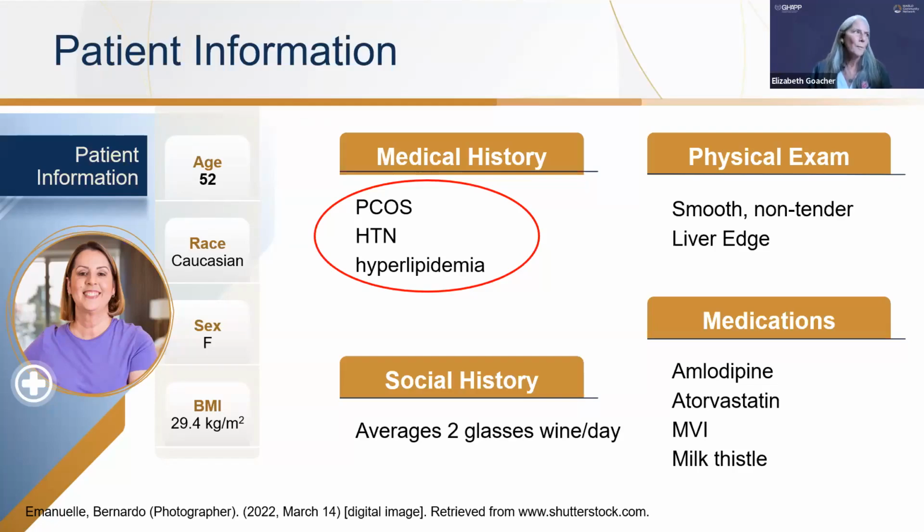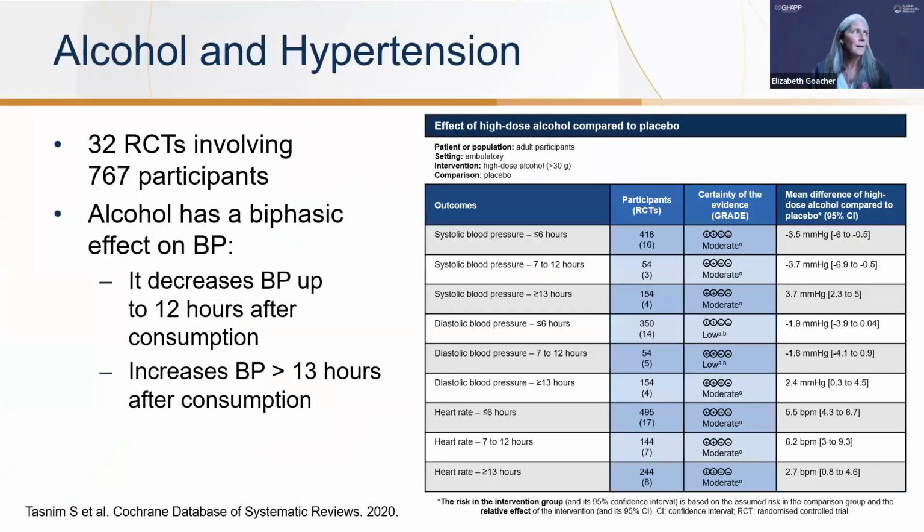So for our patient with hyperlipidemia and hypertension specifically, let's think about alcohol and hypertension. Thinking about, does she really have metabolic derangement or metabolic steatotic liver disease at all, based upon the diagnostic criteria that include both weight and risk factors of hypertension and hyperlipidemia? Might there be other factors?